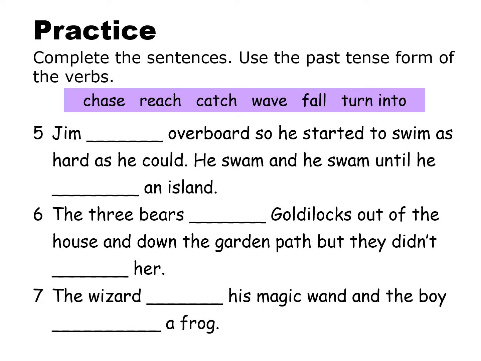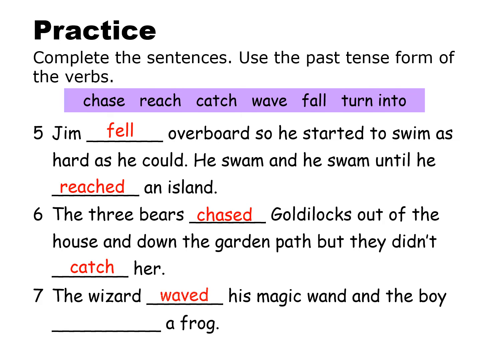Listen to the answers and see how you have done. Number 5. Jim fell overboard, so he started to swim as hard as he could. He swam and he swam until he reached an island. Number 6. The 3 bears chased Goldilocks out of the house and down the garden path, but they didn't catch her. Number 7.